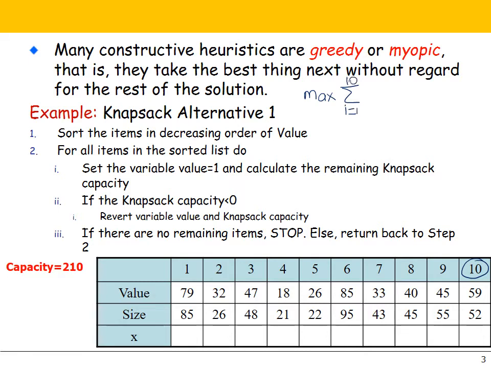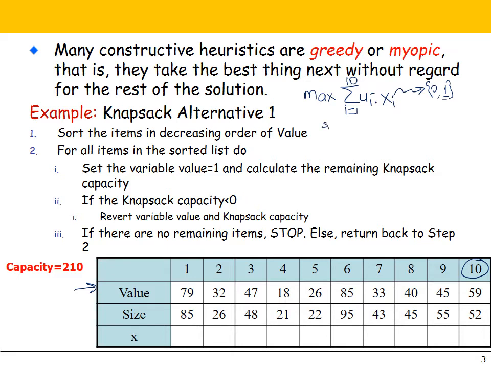The value or utility of each item is given in the table. We try to maximize this total utility, and our decision is whether we will place item i in our knapsack or not. So this xi is our decision variable, a 0 or 1 variable. If it is 1, it means that we take it into our knapsack. Otherwise, we don't use that item in our knapsack.